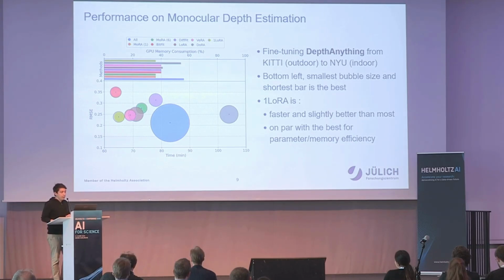You would have all of these together. As you can see in the plot, the yellow bubble, which is our method, in this particular case achieves a very good trade-off between memory efficiency, parameter efficiency, speed, and performance.